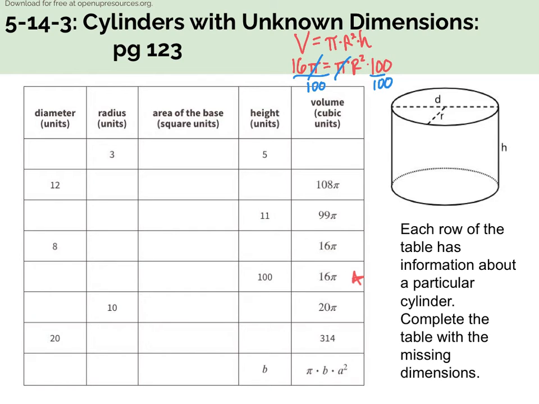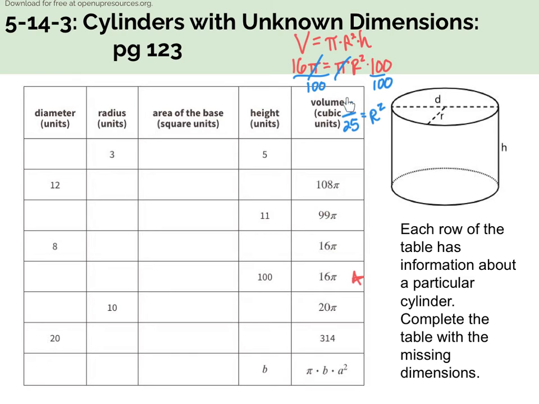And I'm going to leave this as a fraction because I think personally it just makes a little bit more sense. So let's do 16 over 100, simplify it down, and I'm going to get 4 over 25 equals our radius squared. The reason why I wanted to do this is I'm going to look at each number individually.